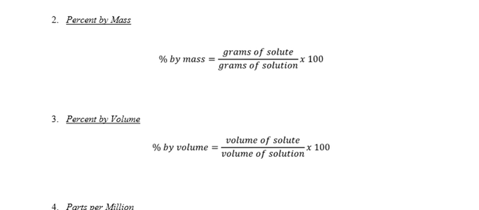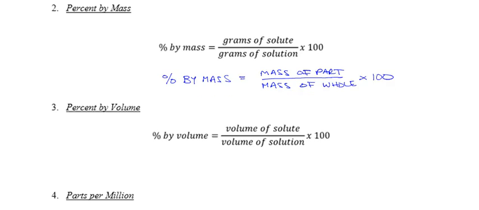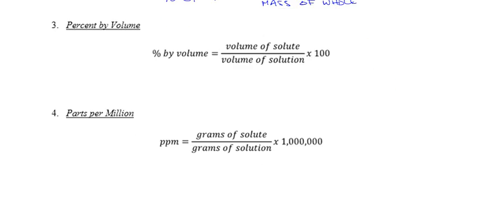The reference table gives the equation as percent by mass equals mass of part over mass of whole times 100. So hopefully you can see that's essentially saying the same thing. Percent by volume, we don't really use too much. I might give you one problem in homework that deals with it.